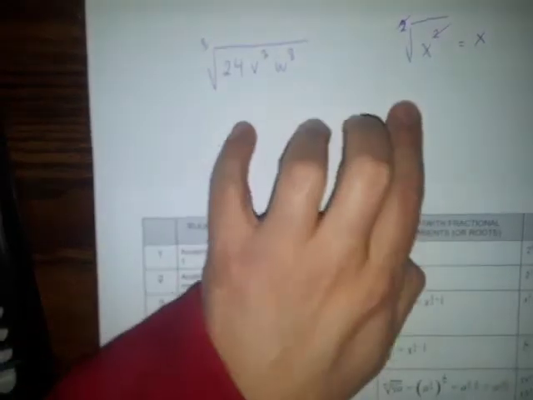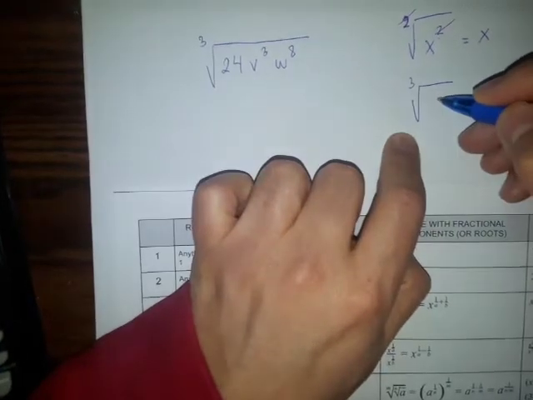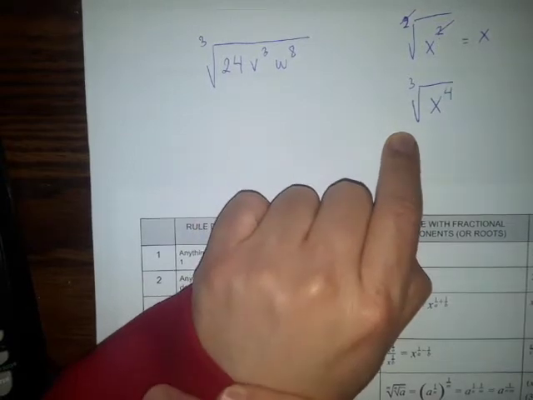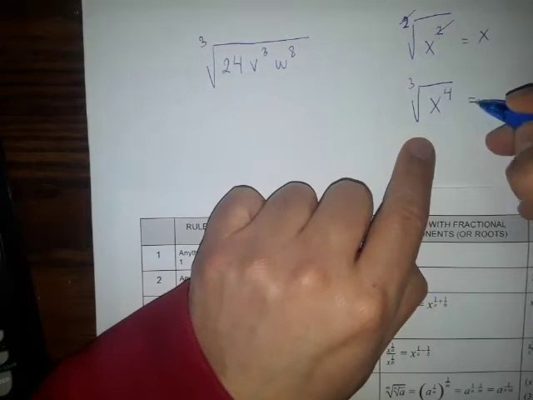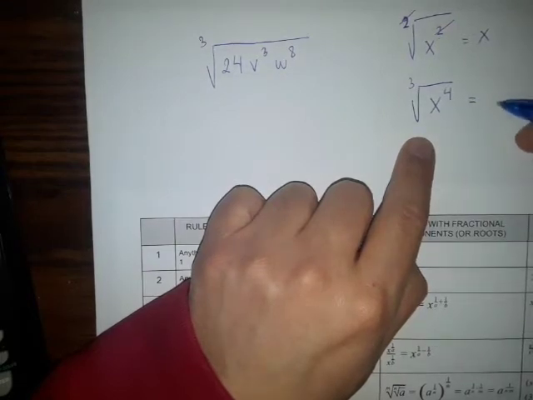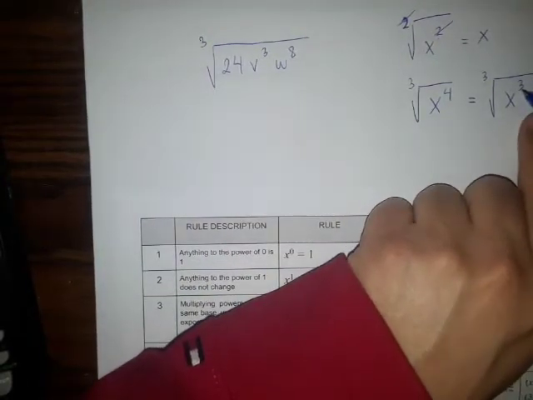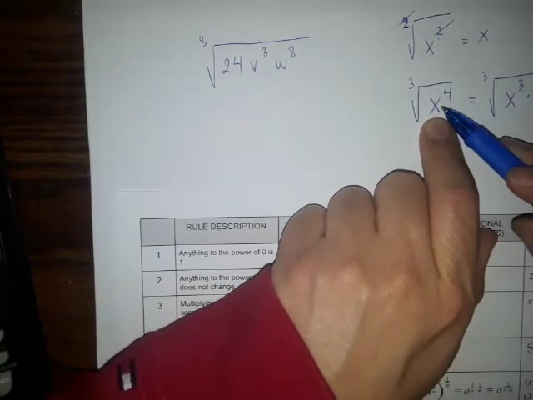What happens if I have the third root of x to the fourth? I can rewrite this as x to the third times x, because here I have an invisible 1. 1 plus this 3 gives this 4. So x third times x is x to the fourth.